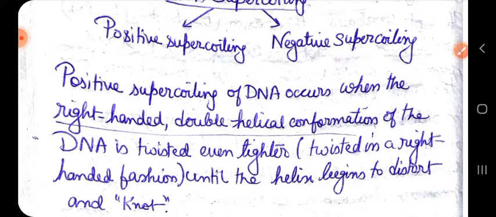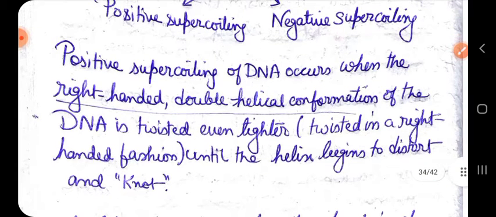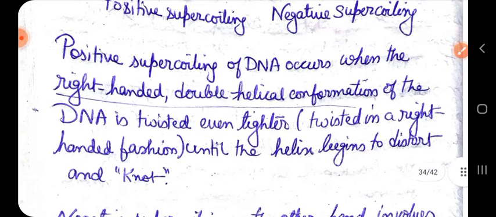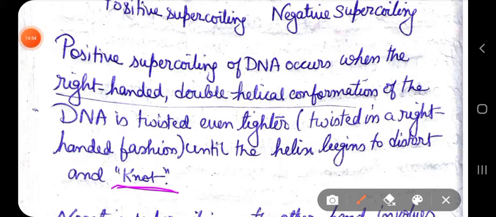So if that right-handed double helical conformation or structure of the DNA is twisted even more, that means twisted in a right-handed fashion, it will be called positive supercoiling, and due to positive supercoiling there will be a knot formation on that position of the DNA.